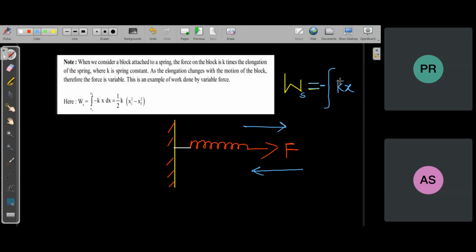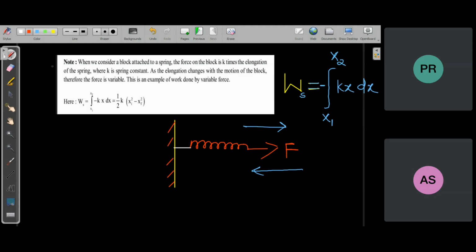So I'm taking the minus outside, kx, and the displacement is, let's say, dx, and it is varying from x1 to x2. Now many students write the spring force as minus kx. Don't do it. You will be confused, because in the dot product, the formula is F s cos theta, and in F s cos theta, F is only the magnitude. Are you getting?